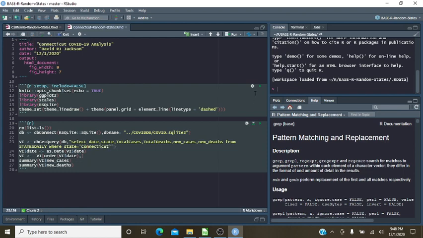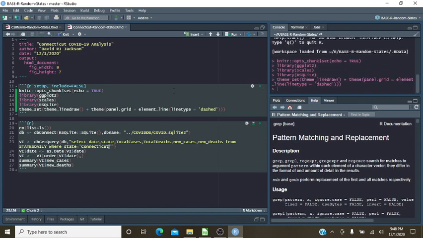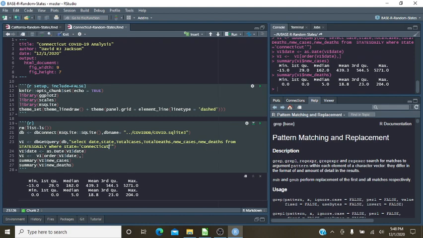Let's save this. Let's just run this to see what's going on. And let's run this. So you can see that currently Connecticut's averaging 439 cases per day with a max of 5,271. The average number of deaths is 18 with a maximum of 204.